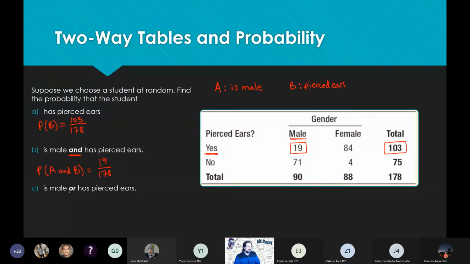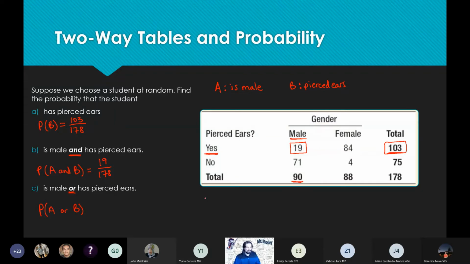So then our last scenario here is male or has pierced ears. So this will be P of A or B. They can be male and satisfy this scenario, or they can have pierced ears and satisfy this scenario.